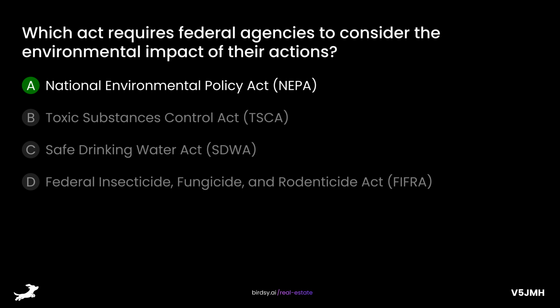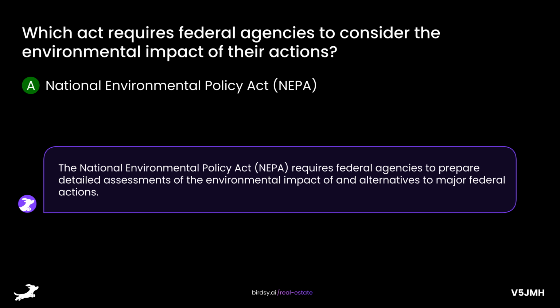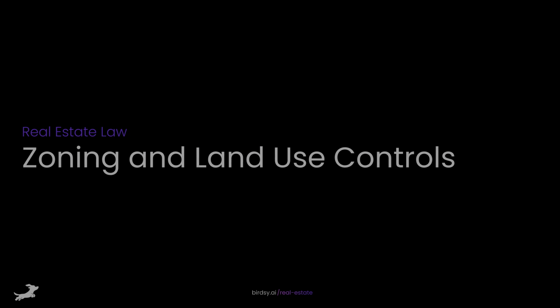The answer is A, the National Environmental Policy Act, NEPA. NEPA requires federal agencies to prepare detailed assessments of the environmental impact and alternatives to major federal actions. Zoning and land use controls.